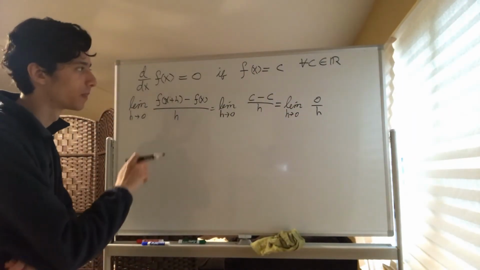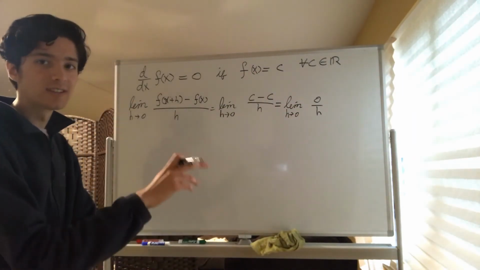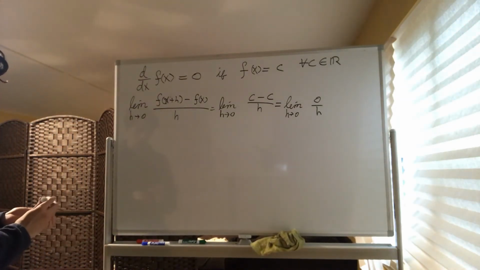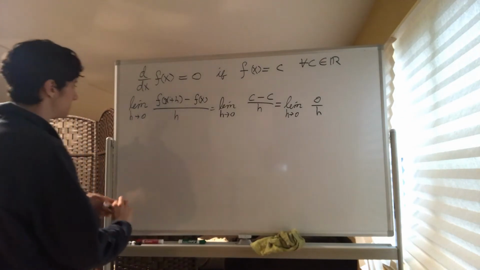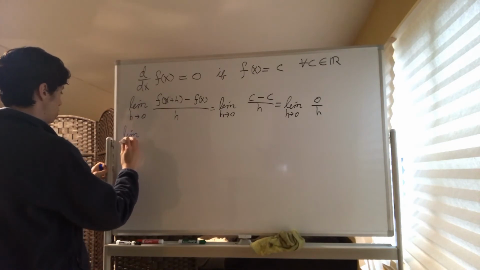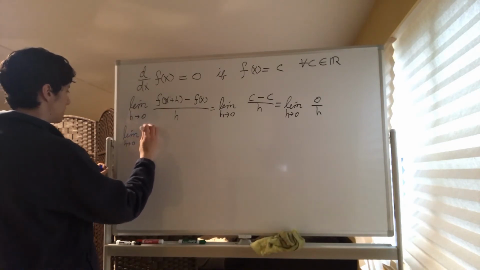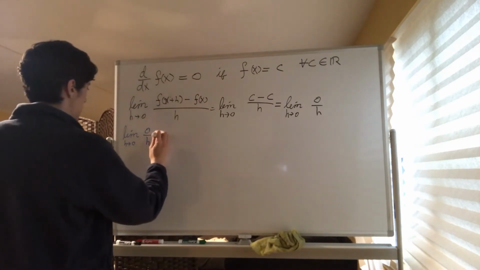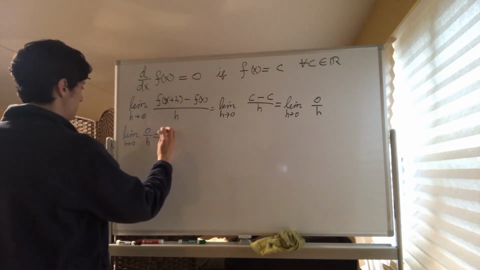However, we can prove this using the definition of a limit. So we want to show that the limit as h approaches 0 of 0 divided by h is equal to 0.